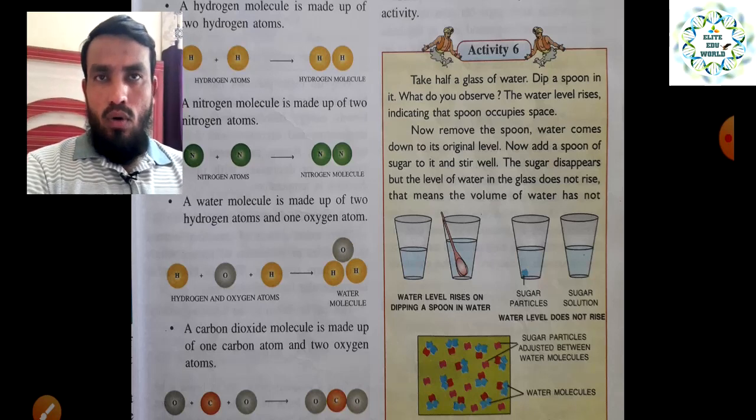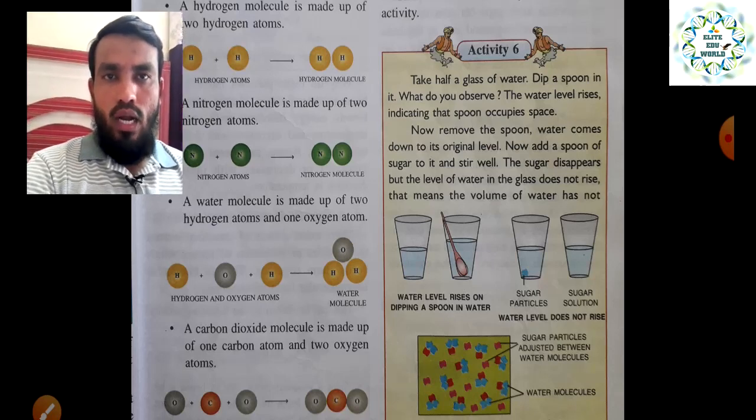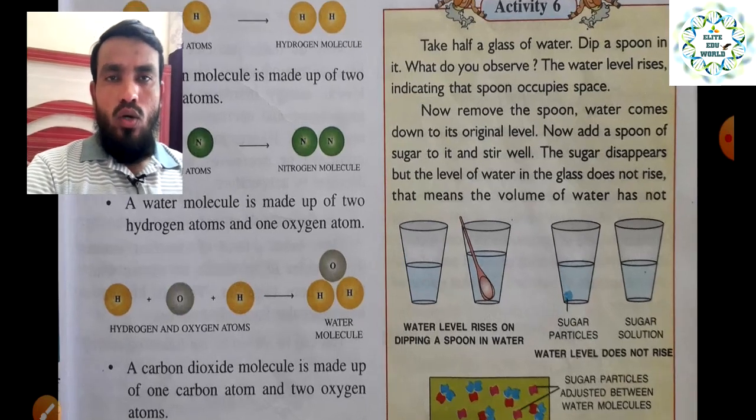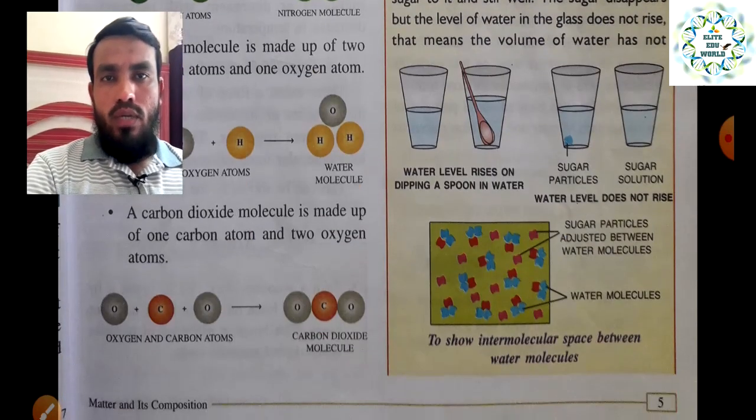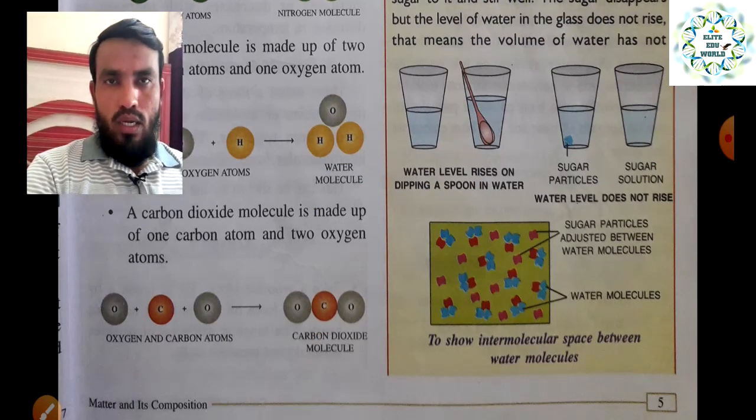In the water molecule there are two different kinds of atoms: two hydrogen atoms, 2H, and one oxygen atom, 1O, and they combine to make a molecule of water. One more example is carbon dioxide: one atom of carbon and two atoms of oxygen make CO2.